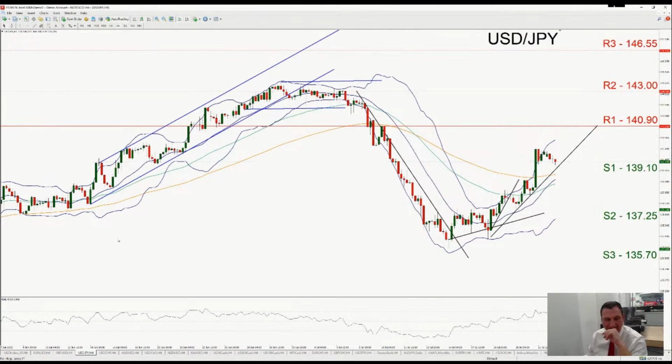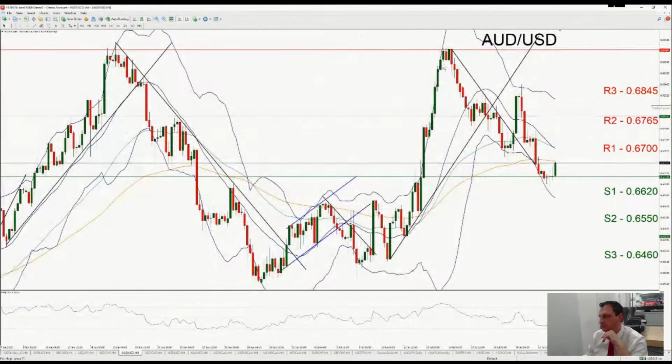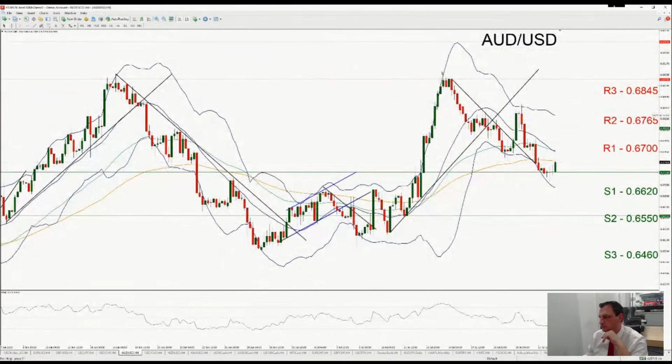Okay, I would like to have a look now at USD CAD, AUD USD. That would be also interesting. Let's zoom in a little bit. Okay, we have a downward motion which seems to be interrupted once again.